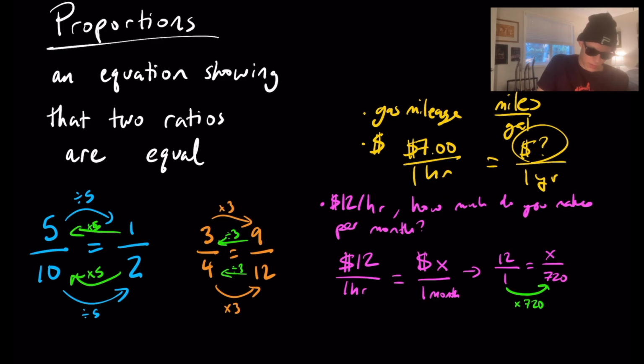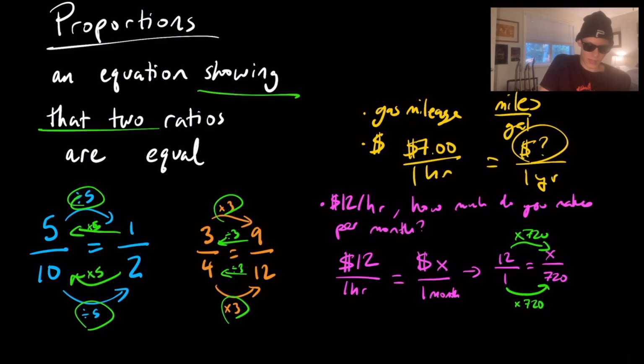And we saw over here that whatever you divide or multiply on the numerator or denominator, you're going to multiply or divide by that same number on the other numerator or denominator, depending on what you started with. So if I did times 720 down here to go from one denominator to the other, I'm going to do times 720 up top to get the new numerator. Because remember, this proportion equation is showing that two ratios are equal. So whatever I do to one denominator to get to the other one, I have to do the same thing to the numerator so that they cancel each other out. The value stays the same.